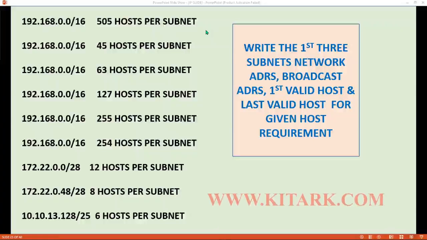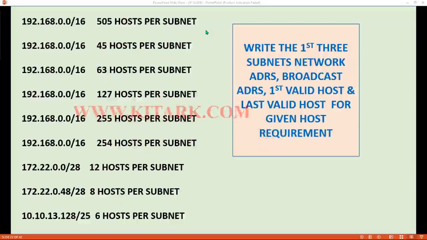So NH we have done, then mask. Subnet mask we can find by the / number. You can write it. And you can refer to the bit borrowing table as well, as I told, 128, 192, 224, 240, then 248, 252, 254 and 255, right?